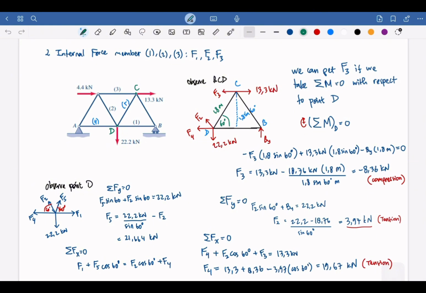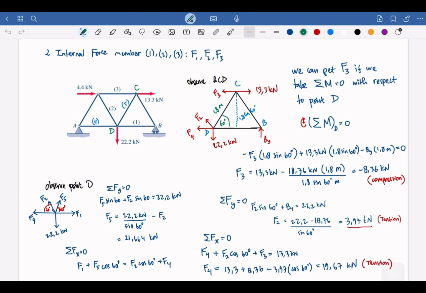And then I think we could go to the Fy first. If we only observe this point here, the definition for the vertical is only this and that, right?